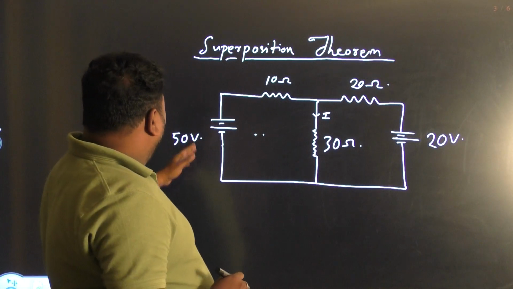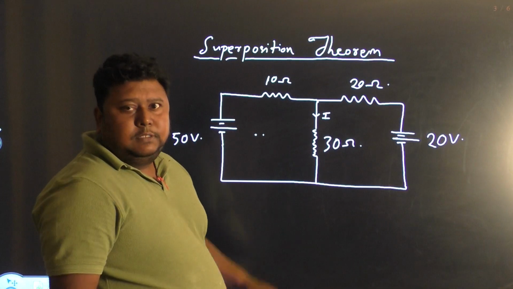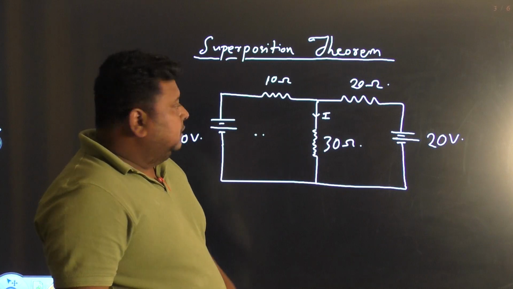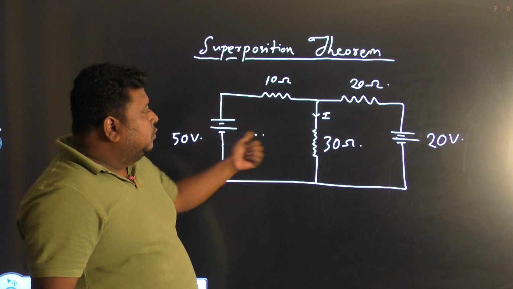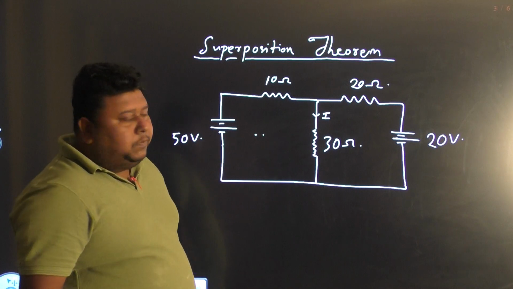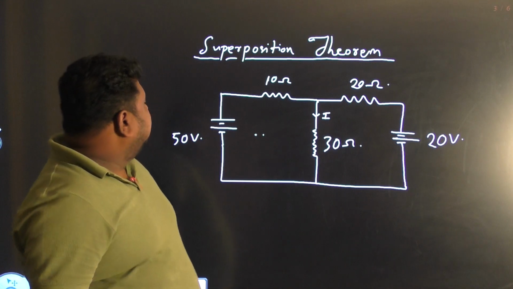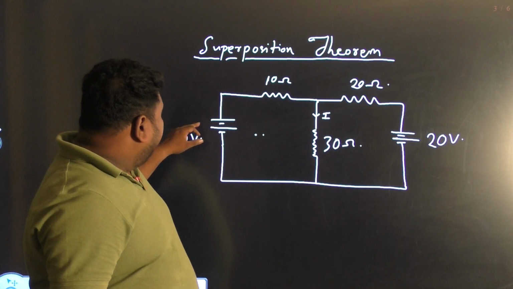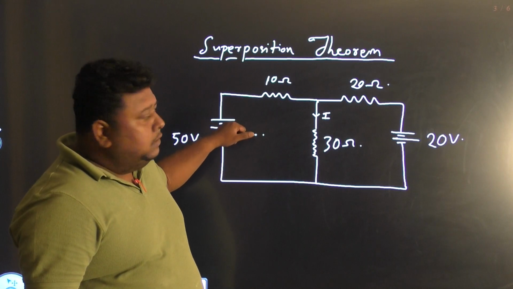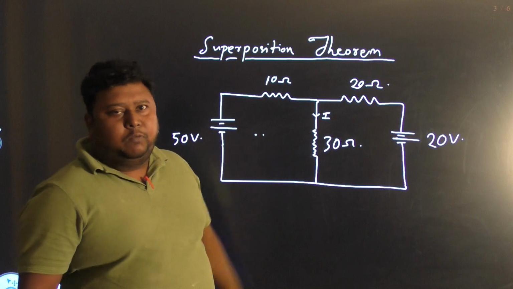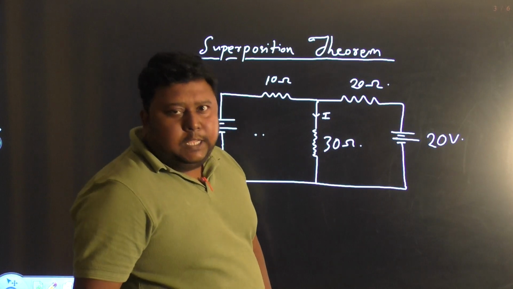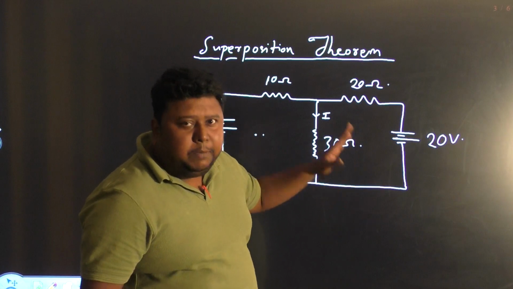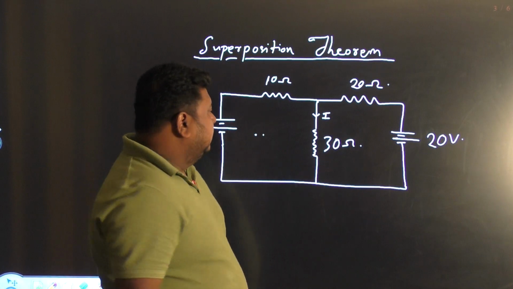First step, we consider one source and eliminate the other source. For example, here two sources are there, one is 50 volt and another is 20 volt. So if I am considering 50 volt, I have to eliminate 20 volt. And how do I eliminate it? As I have told, if it is a voltage source, we eliminate it by short circuiting.